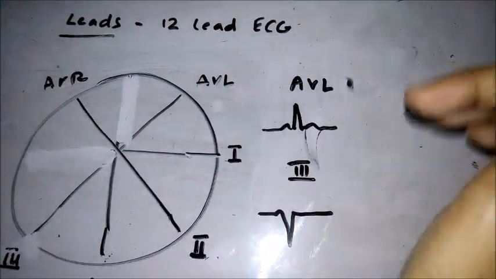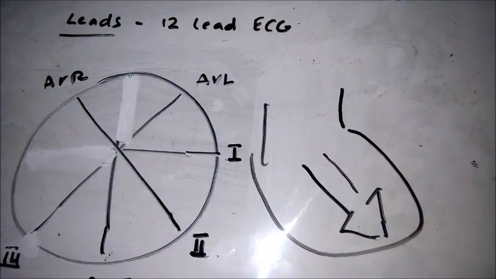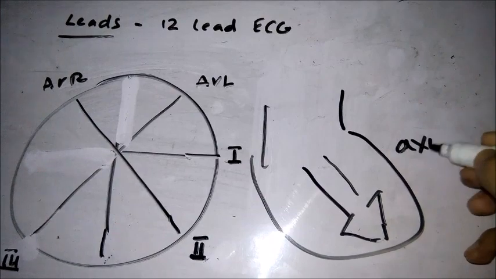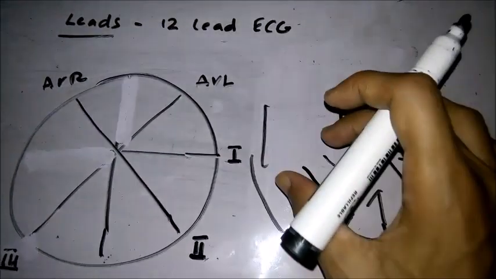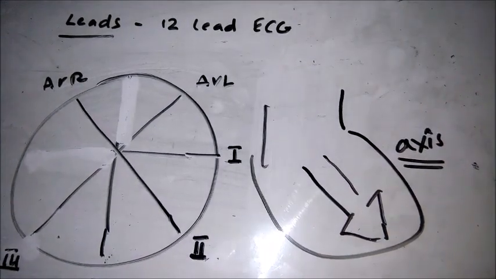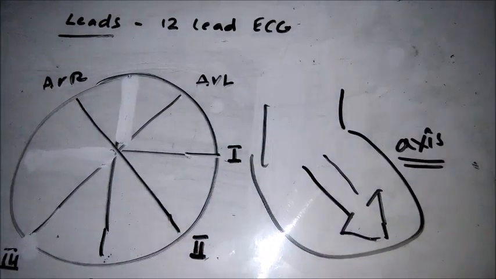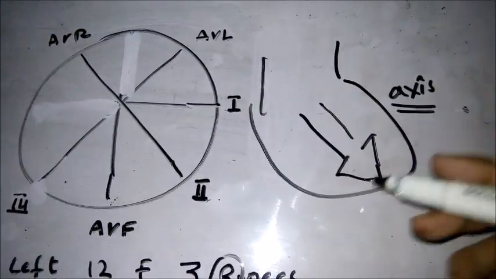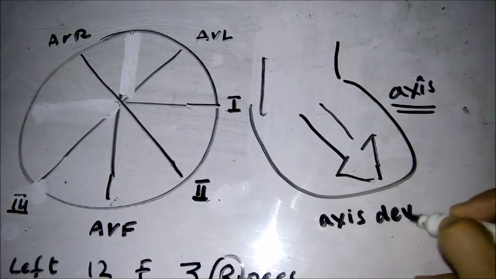So this is how we can tell where the electrical activity is going, and this is known as the axis. In most cases the axis is normal, but in some abnormal cases the axis might change, and when it changes from its normal axis, we call this axis deviation.